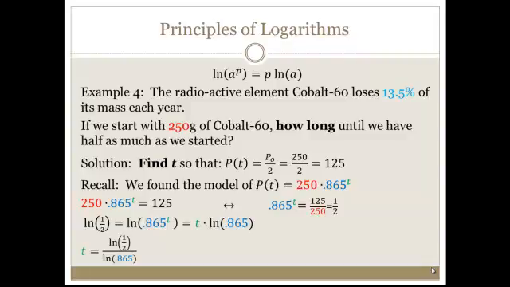Now, to solve for T, we just need to divide by the natural log of 0.865 to get T equals the natural log of 1/2 divided by the natural log of 0.865, which is roughly 4.78. So after 4.78 years, cobalt-60 will decay in half.